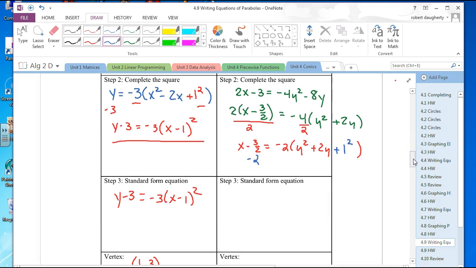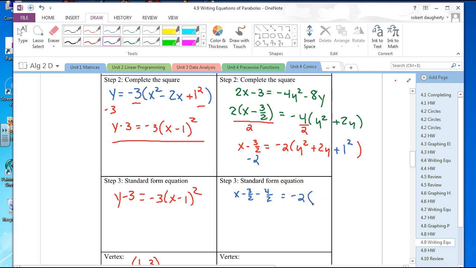So this is x minus 3 halves. What's another way of writing 2? It's how many halves? 2 is what? 4 halves? So that's x minus 3 halves minus 4 halves equal negative 2.